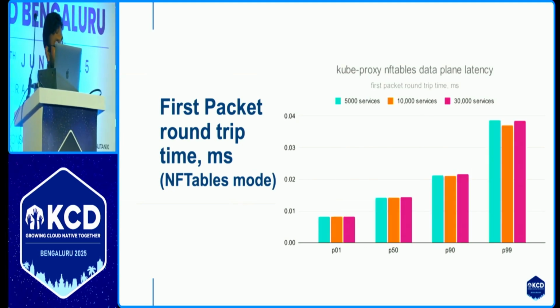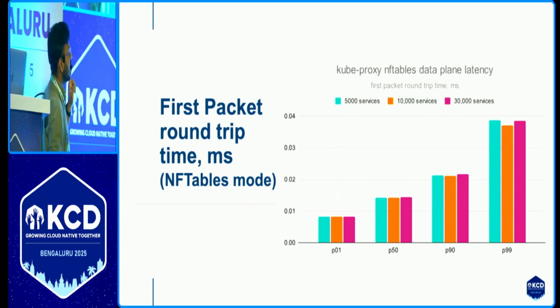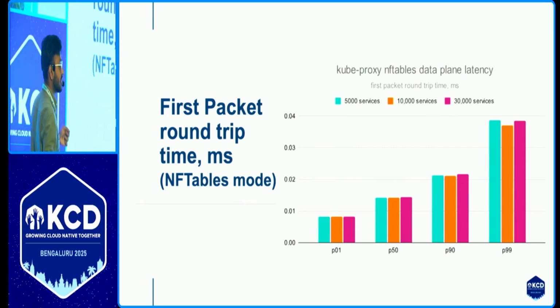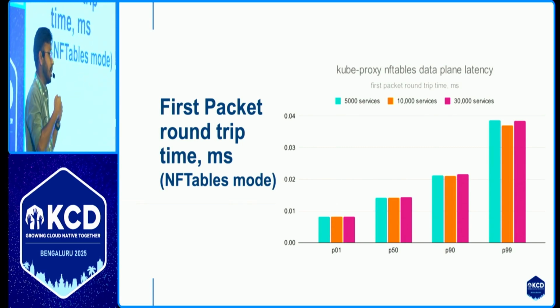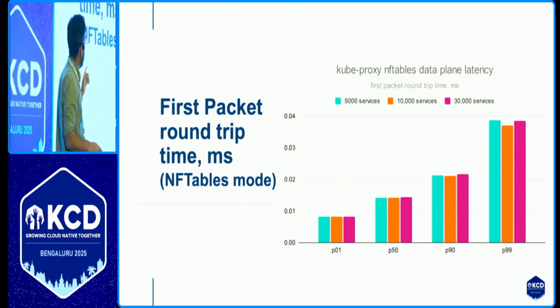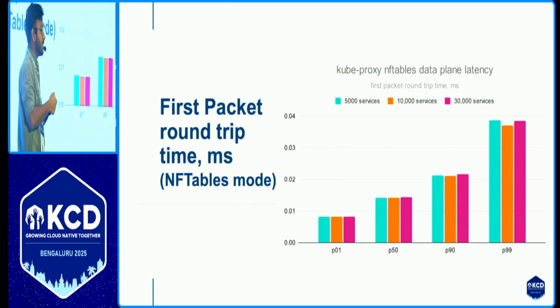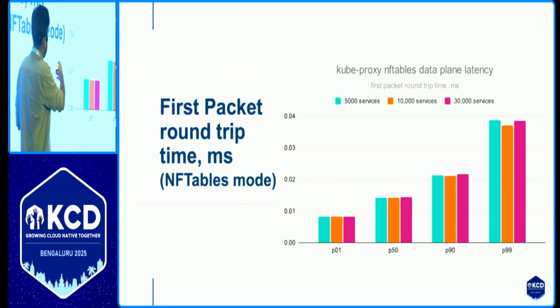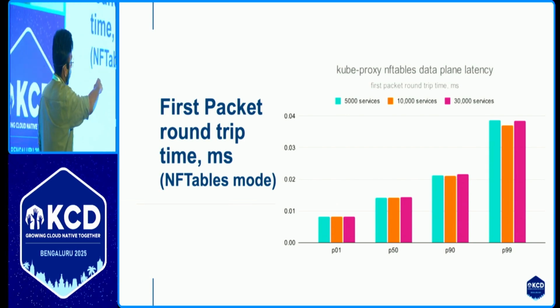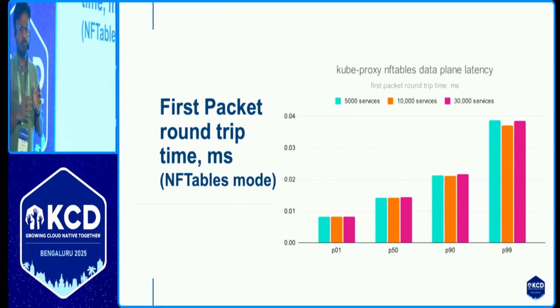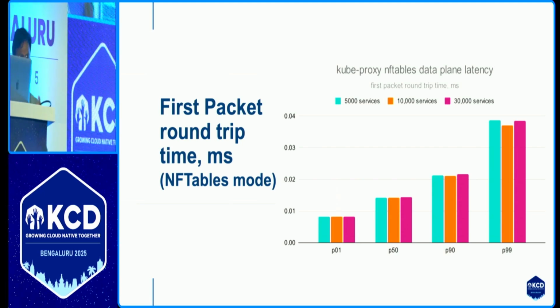Now let's compare it to NFTables. In NFTables, because of the verdict maps, which allow us the O(1) lookups, we now have consistent latency numbers as the number of services grow in our cluster. You can see that in all the quantiles, the results stay more or less consistent.